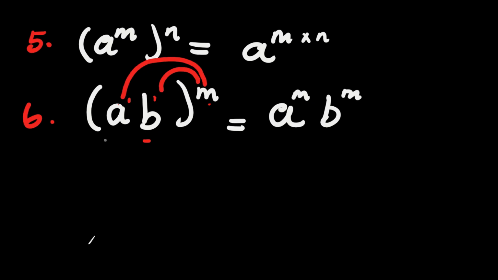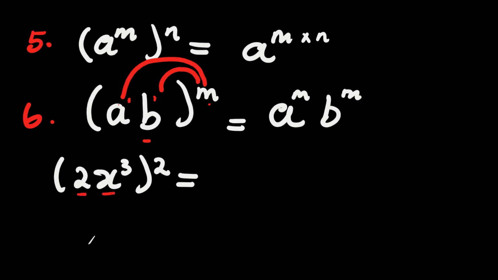Let's take the examples to help you understand. So the first one is 2x to the power of 3, and outside it there's a 2. What is our answer to this one? So we know that there are two bases here, 2 and an x.